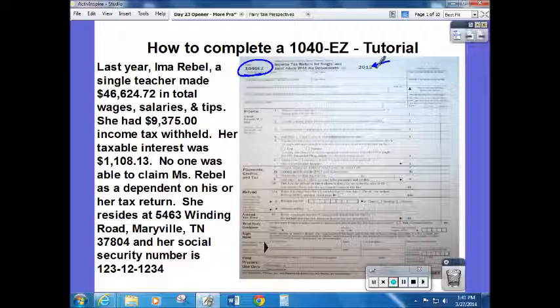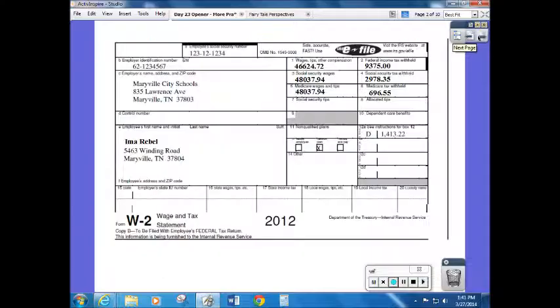So where did we get these numbers? These first two numbers, the 46,000 and the 9,000 that's withheld, she got from her W-2, wage and tax statement. This is provided by the employer, and they provide it also to the Internal Revenue Service.